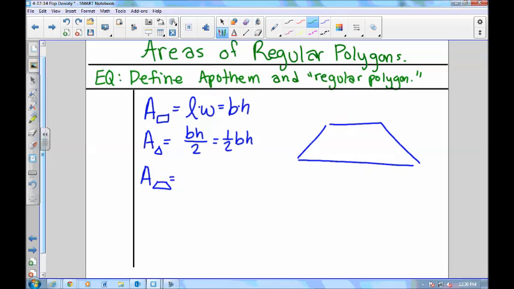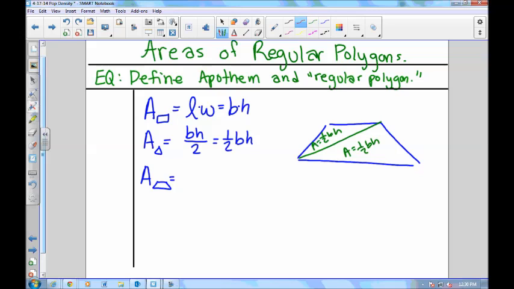Like with a rectangle, we can take a trapezoid and slice it, and what 2 shapes do we get? 2 triangles. Are they the same triangle? Are they congruent? No. So essentially, to find the area of this one, we have to go 1/2 base times height, right? And the area of this one is also 1/2 base times height.